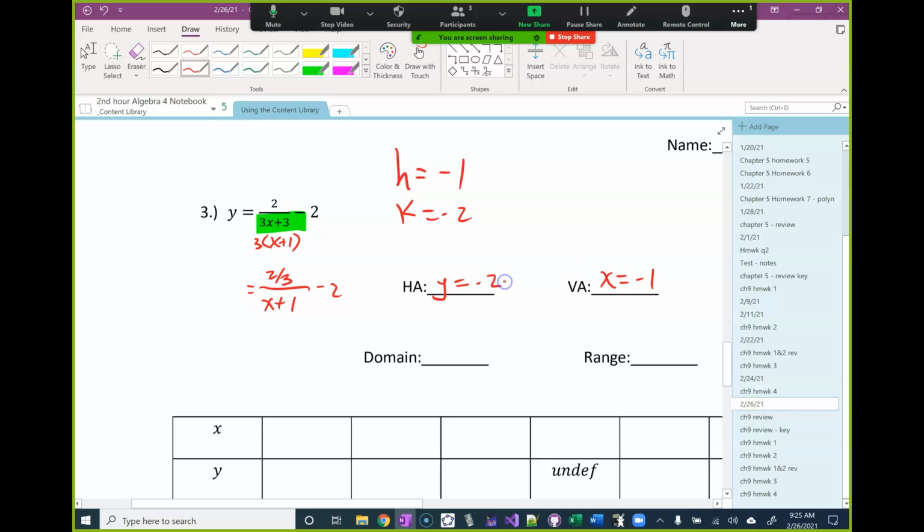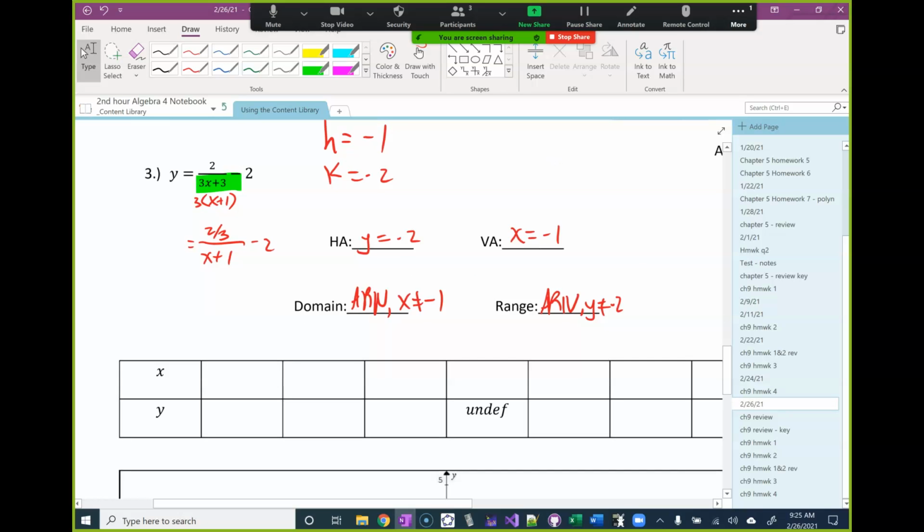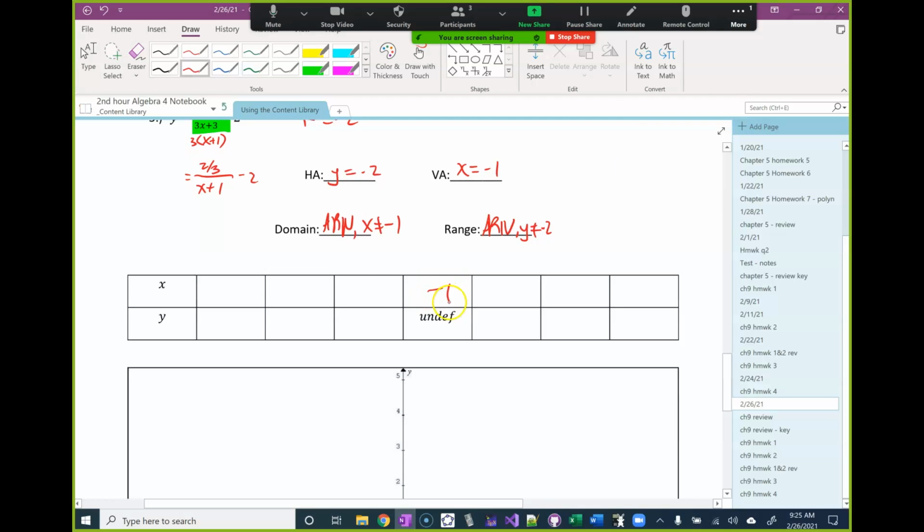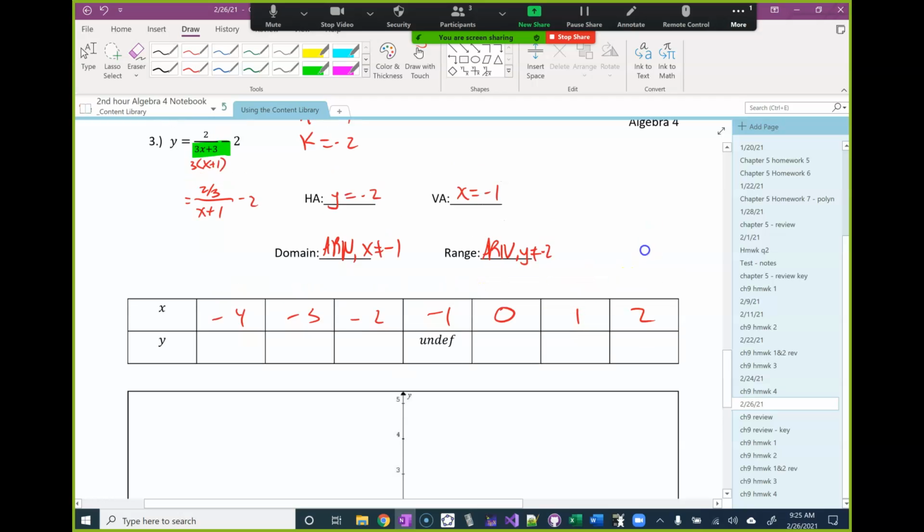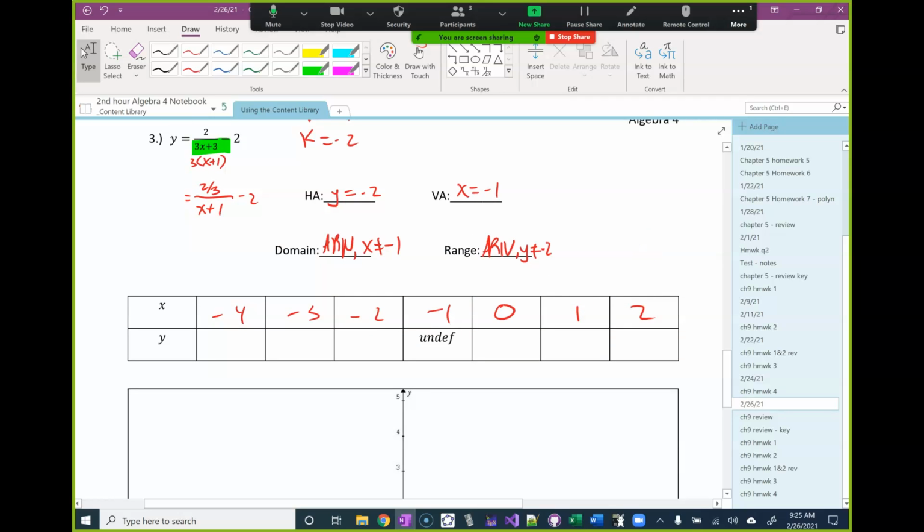So we have our vertical and horizontal asymptotes, and our domain is everything except for the vertical, and our range except for the horizontal. And then I'll fill in my table here. I'm just going to go ahead and do this with my mental math. So if I plug -4 in, I get 2 over -9 minus 2.